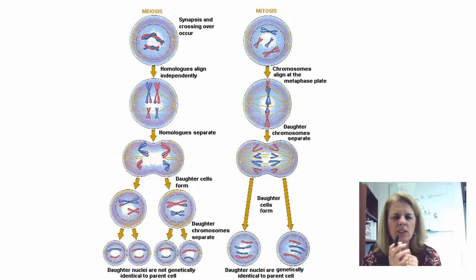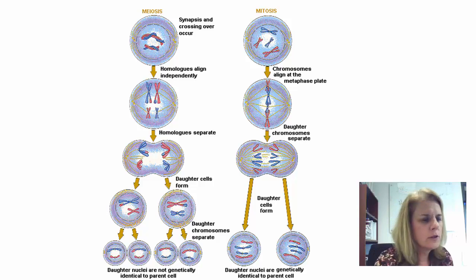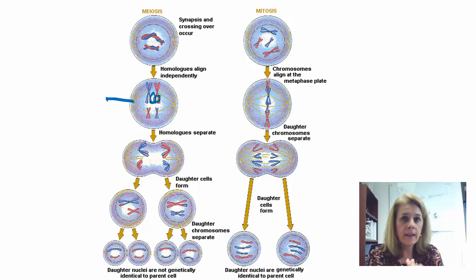So that's synapsis and crossing over. Do you see how this blue one now has a little red piece and the red one has a little blue piece? They've crossed the tips a little bit. So now these chromosomes are different than the original. You've gotten just a little bit of genetic swapping.